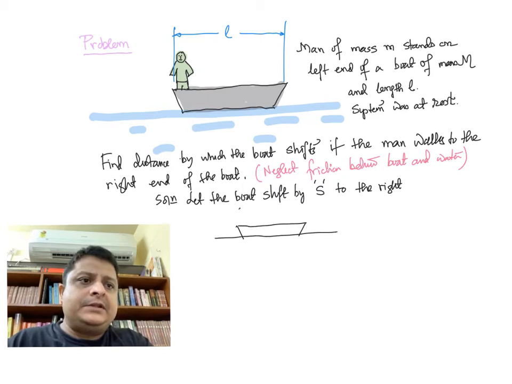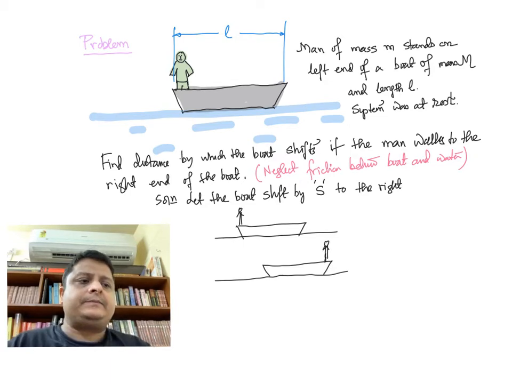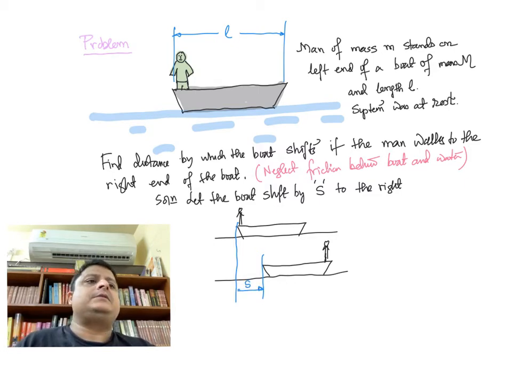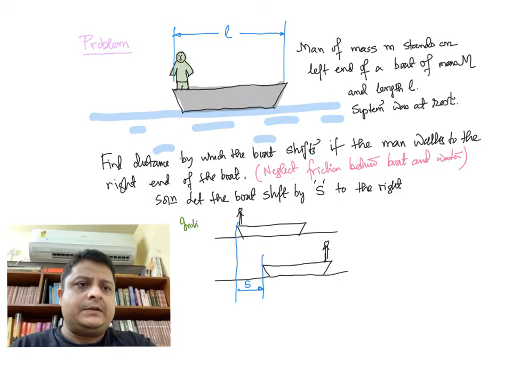So this is the initial position, this is the person, and later on suppose the boat shifts by S. So here we have assumed that the boat shifts by S. So this is S actually, right? So these are the conditions. So this is the initial position and the lower one we have drawn is the final position.